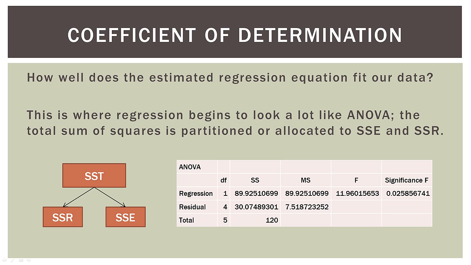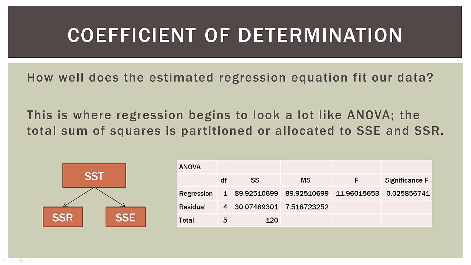And if you actually do this in a statistical software package, regression will give you back an ANOVA table, just like you saw when you did an ANOVA. So we're going to have SS and mean squares and an F statistic and a significance level and everything just like we did in ANOVA. And of course, in this case, this is the actual ANOVA for the data we're working with.